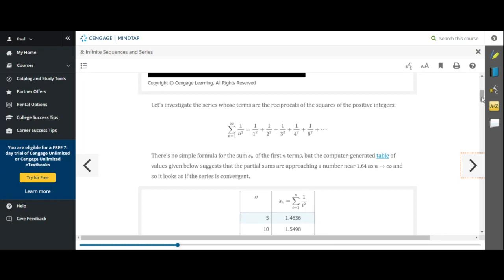But what they're doing is they're saying, look at the terms of the series: 1 over 1 squared, 1 over 2 squared, 1 over 3 squared, 1 over 4 squared, 1 over 5 squared.